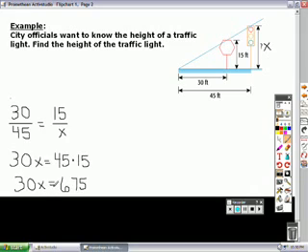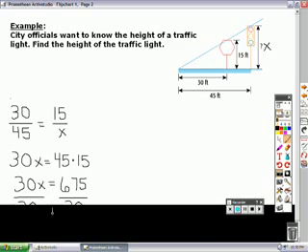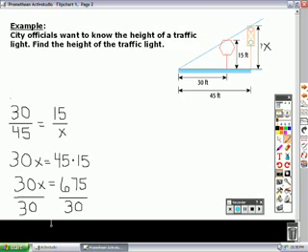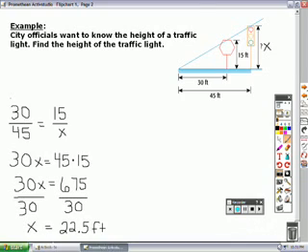This is a one-step equation. In order to solve one-step equations, divide both sides by 30. And we find that the height of that traffic light is 22 5/10 feet.